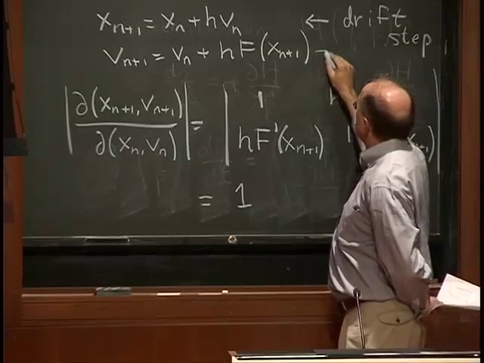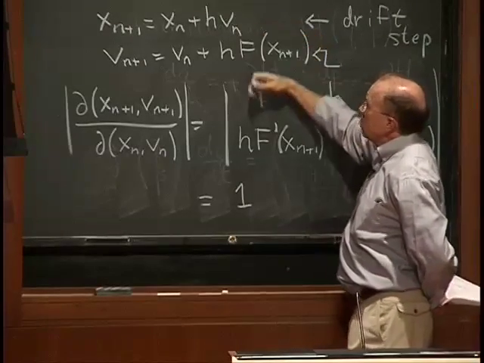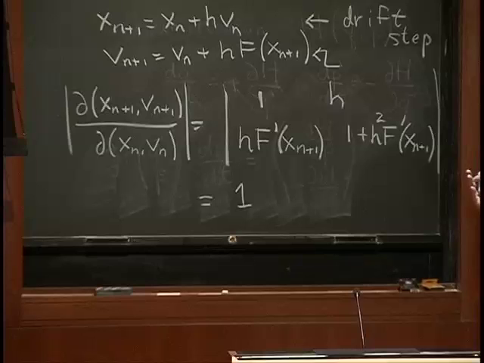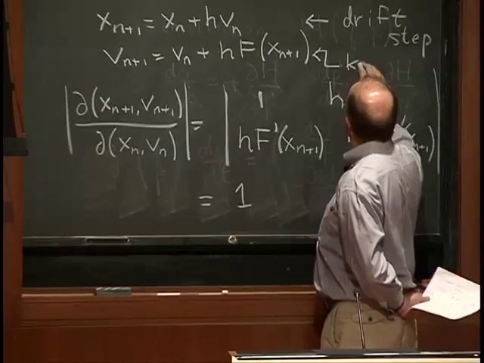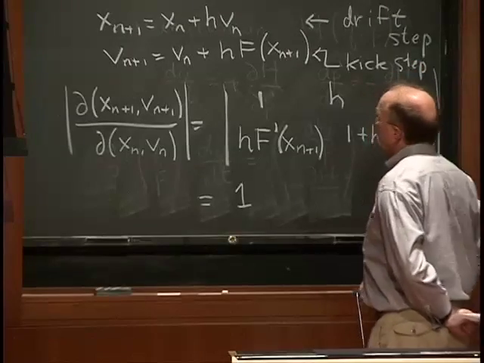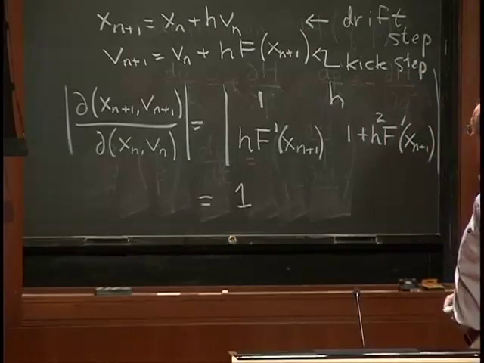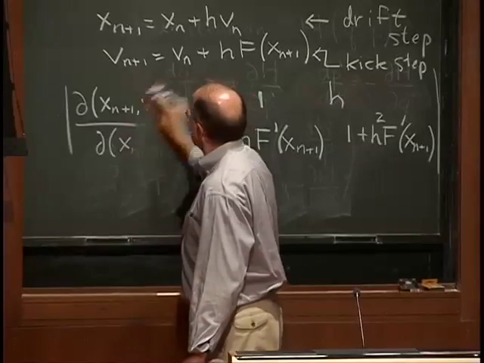In this step, on the other hand, if I consider this step alone, the position doesn't change, only the velocity changes. The velocity changes impulsively. It's as if you took the particle and you gave it a kick, and so this is called the kick step.